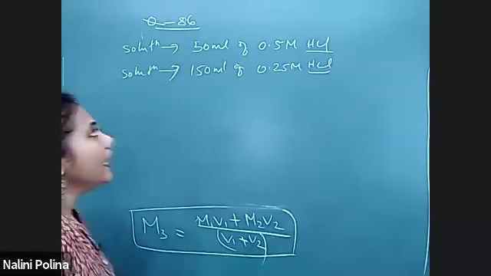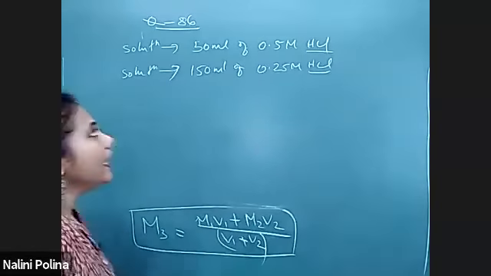Okay, and both solutions you have mixed, but after mixing the volume, that is V3. Okay, so this is V1 and this is M1, right? And this is V2 and this is M2. Solution 1 has volume V1 and molarity M1. Solution 2 has volume V2 and molarity M2.